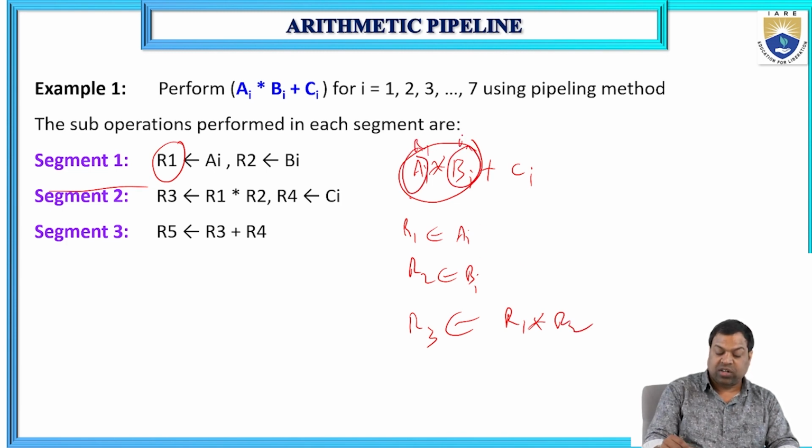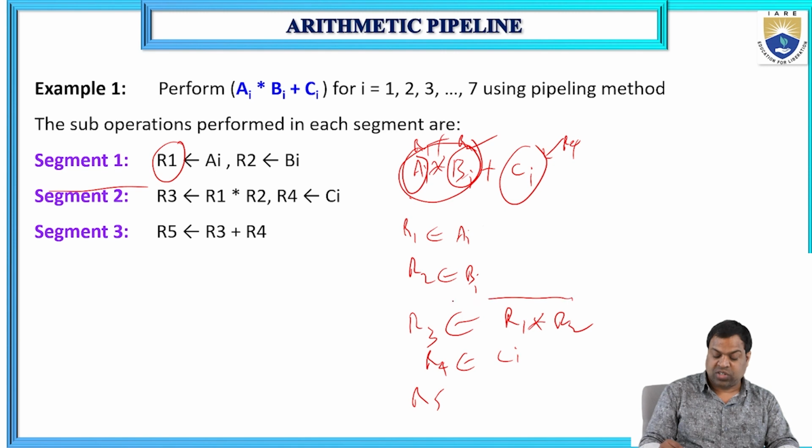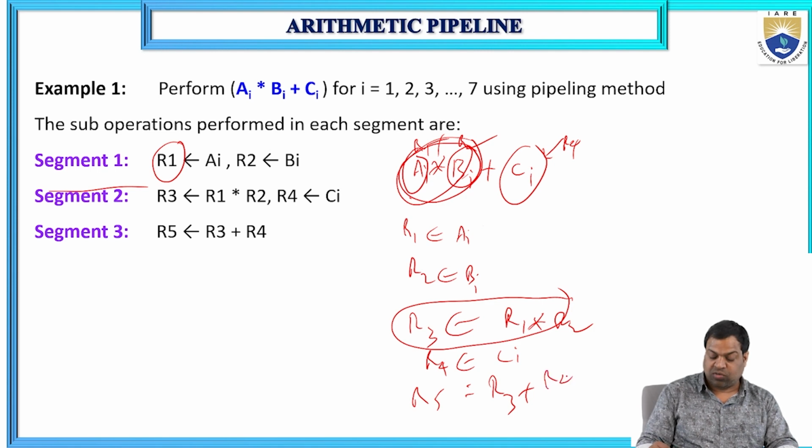What is R3? R1 into R2. And I am taking R4 as the CI value. So now what do I have to do? R3 plus CI equal to R4, so R5 equal to R3 plus R4.